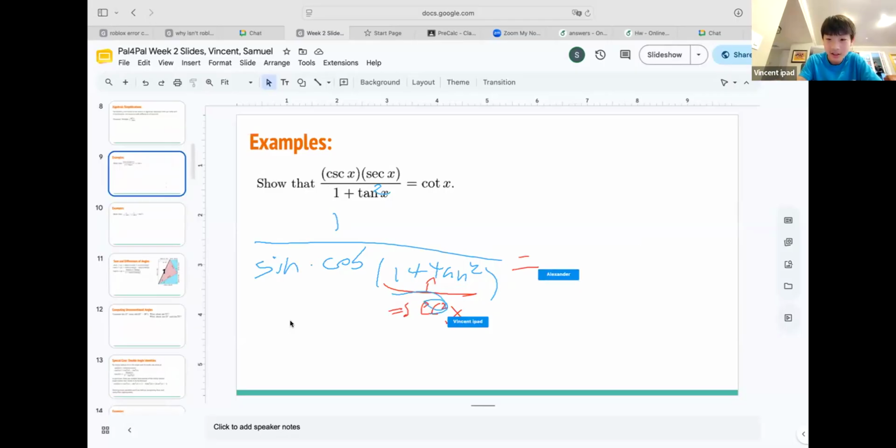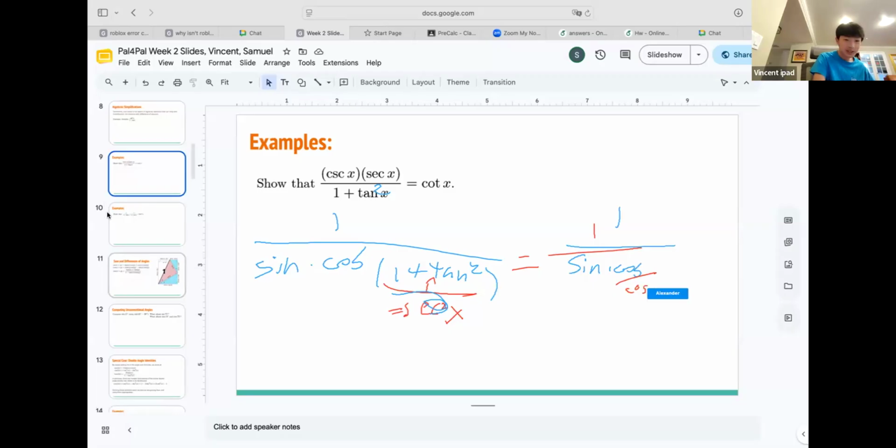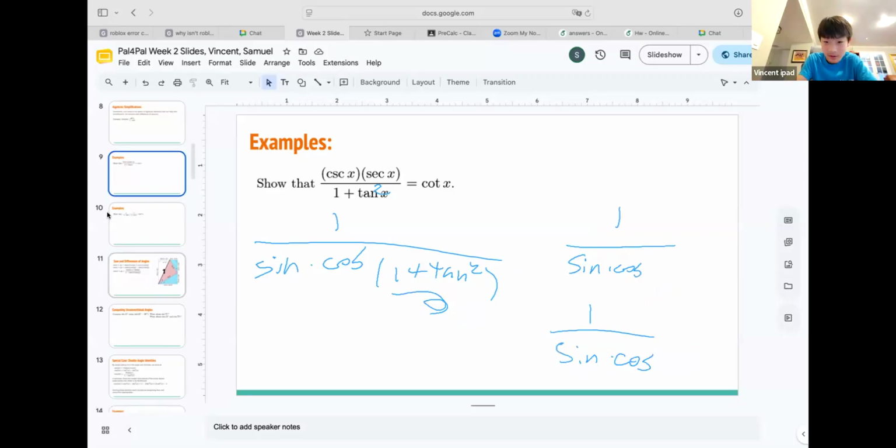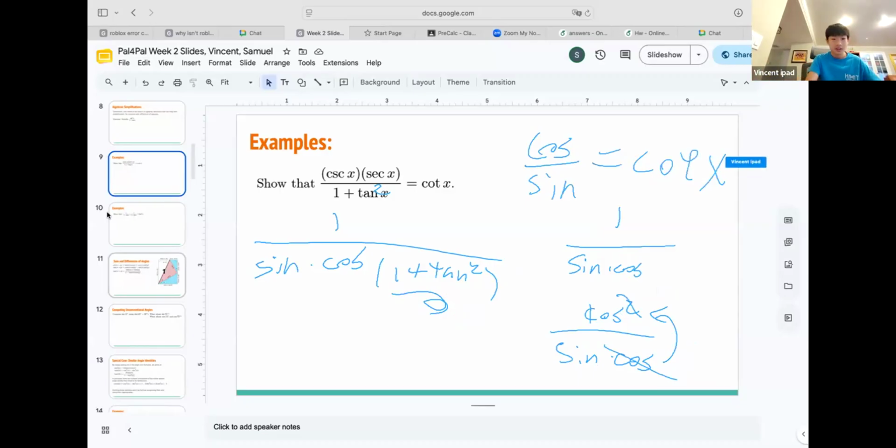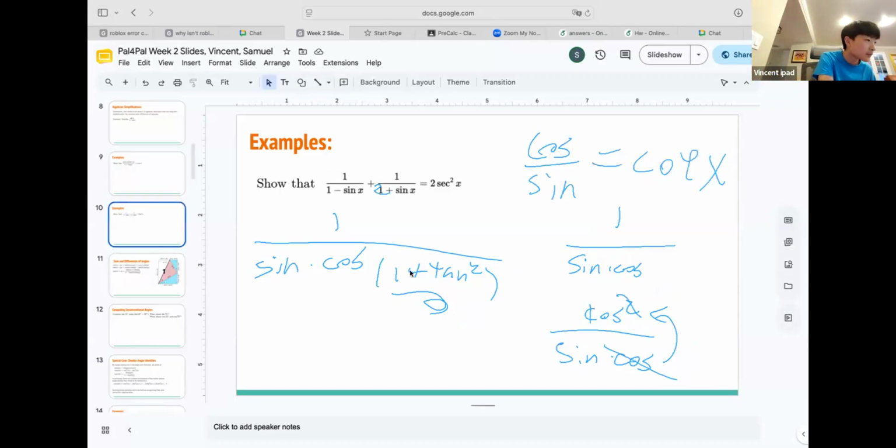Yeah, that's true. So this is equal to 1 over sine times cosine. Secant squared is 1 over cosine squared, so cosine squared moves to the top. Cancel here. Cosine over sine, which is conveniently our cotangent x. Okay. Sorry, there was a typo.